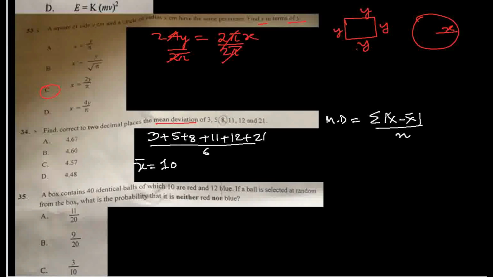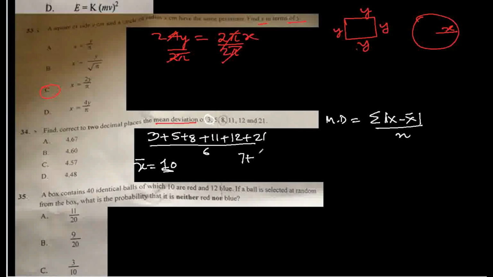Now sigma absolute x minus x bar means that we will find the difference between every data point and the mean, and take the absolute value. For example, 3 and 10: the difference is 7. We write just the positive one, because 3 minus 10 is negative 7, but since we're using absolute value, we write it positive.